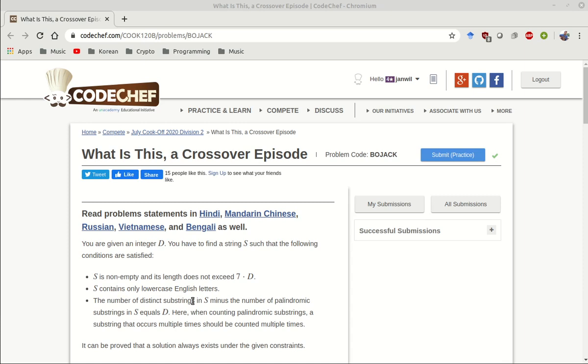And I guess this is the condition that made people feel that this is a somewhat artificial problem. Another point where people probably got confused was the 7 times d. So what does the 7 do here? In the end of the day, it turns out that this 7 doesn't really play much of a role here. There could be other, actually smaller, constants.